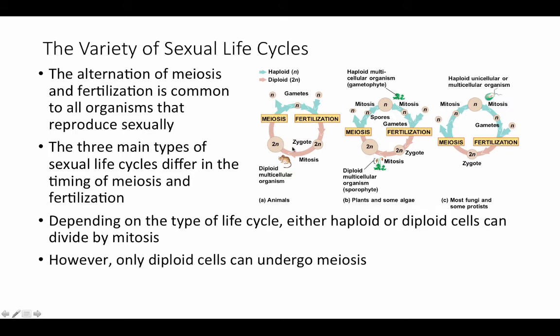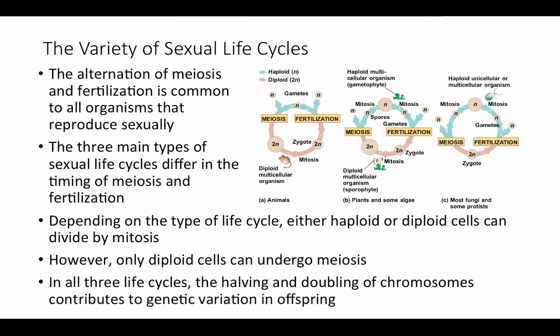So even though both diploid and haploid cells can undergo mitosis to form these different kinds of life cycles, the only kind of cell that can undergo meiosis to form these haploid gametes are diploid cells. So in all three of these different kinds of life cycles, the halving and doubling of chromosomes contributes to genetic variation in offspring, and we're going to start to examine how that happens as we go along here.